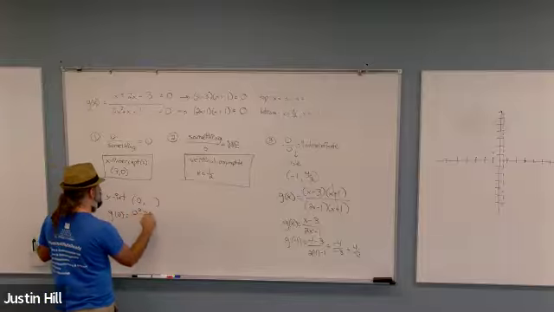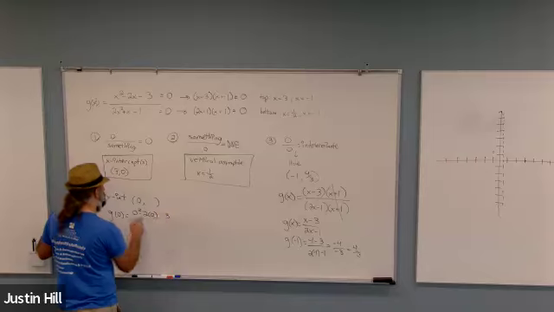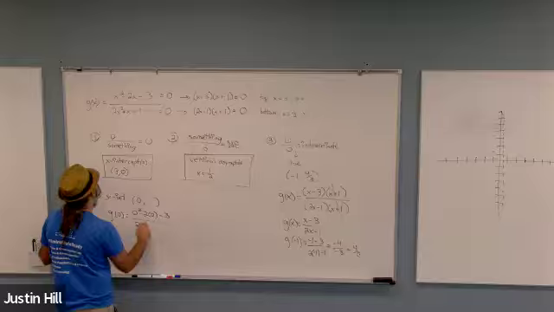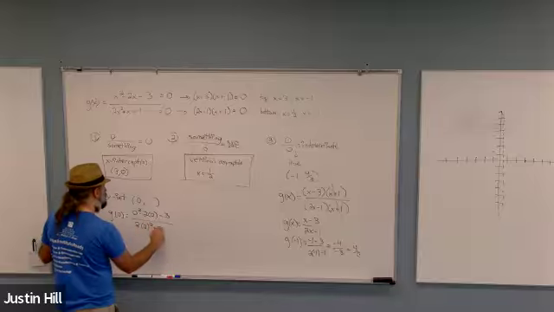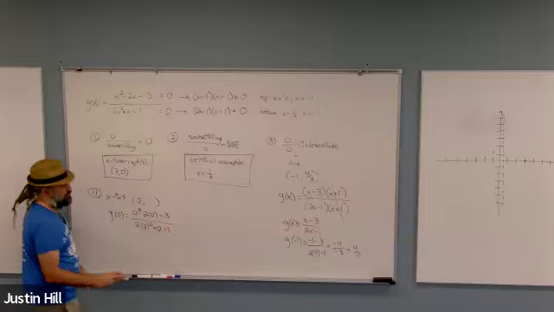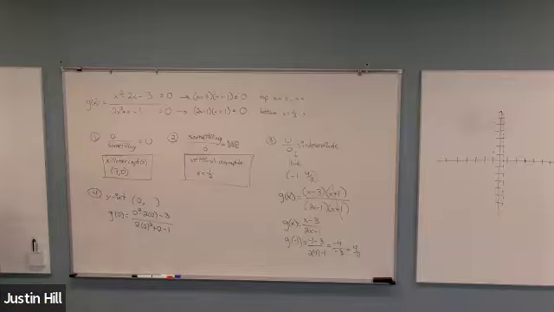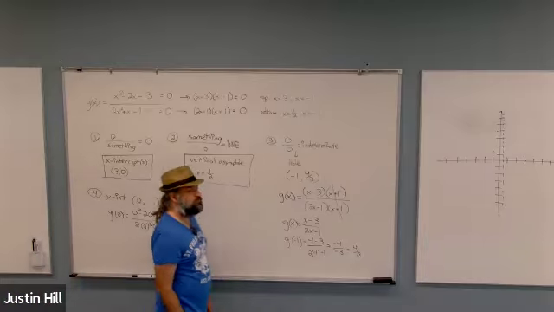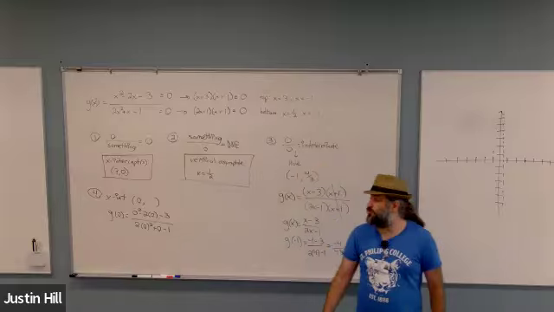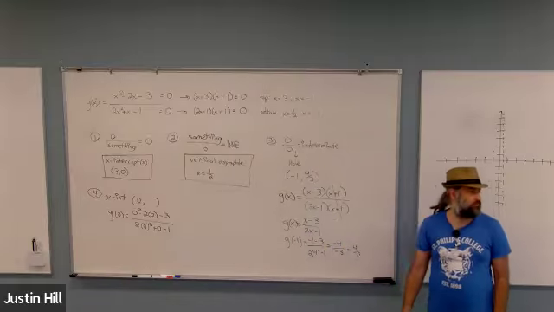This honestly is as easy as it always is. 2 times 0 squared plus 0 minus 1. Well, what are we going to get on top?